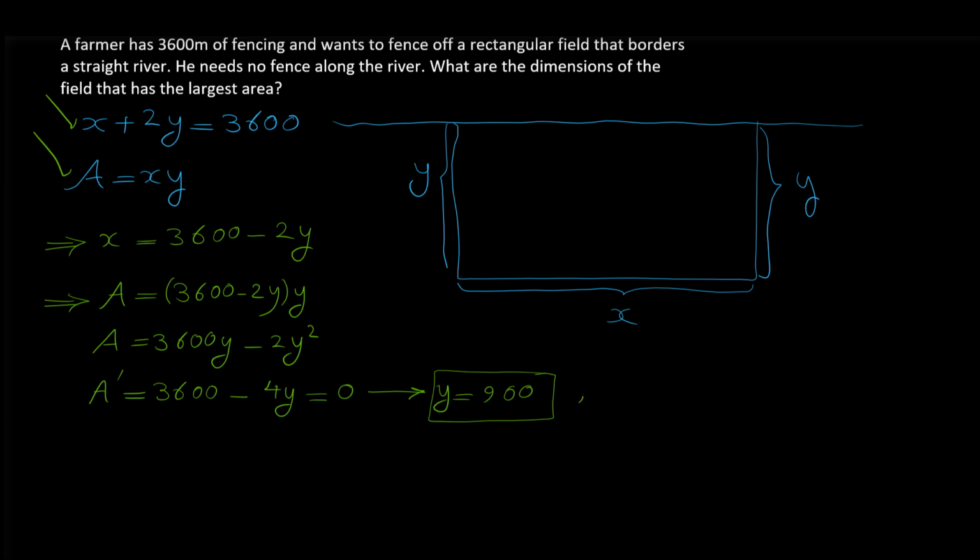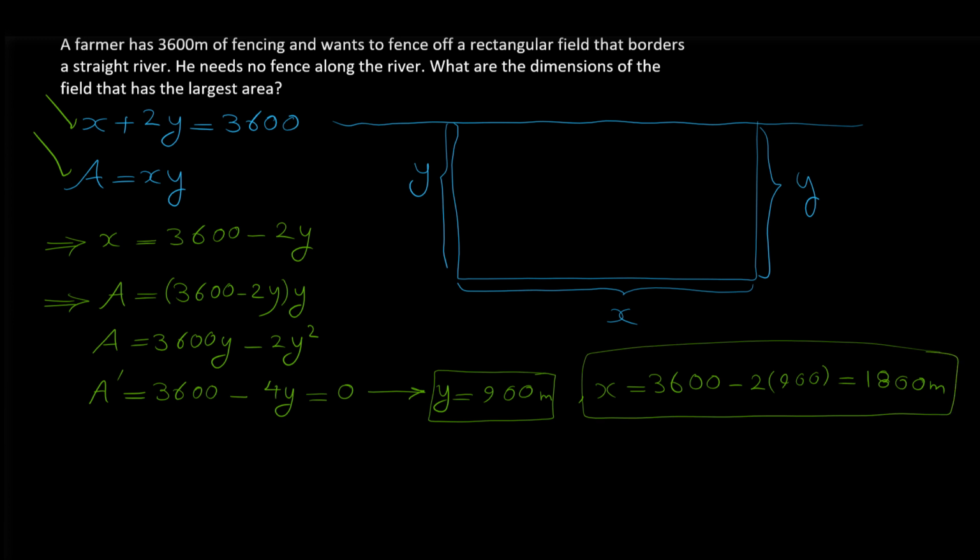And x would be 3600 minus 2 times 900. 2 times 900 is 1800, 3600 minus 1800 is 1800 meters. So these are the dimensions of the field that maximize the area of the field.